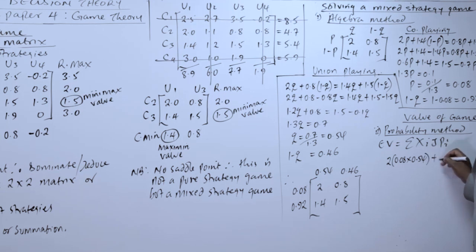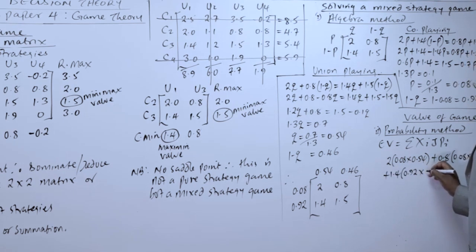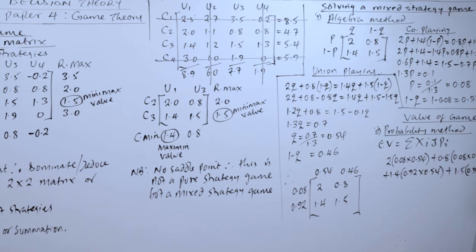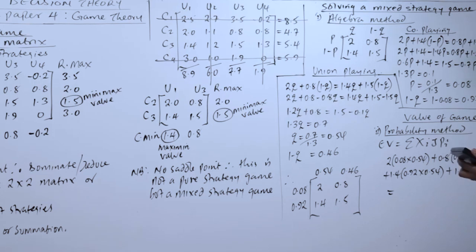So this is 2 times 0.08 times 0.54, plus 0.8 times 0.08 times 0.46, plus 1.4 times 0.92 times 0.54, plus 1.5 times 0.92 times 0.46.